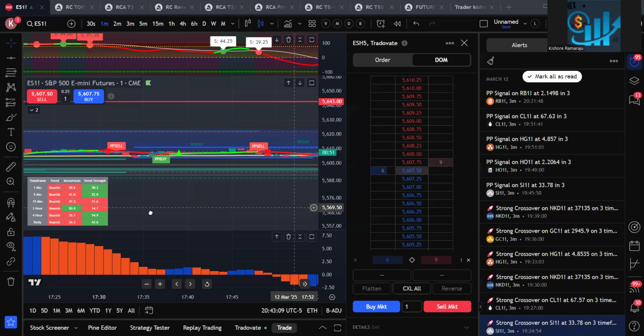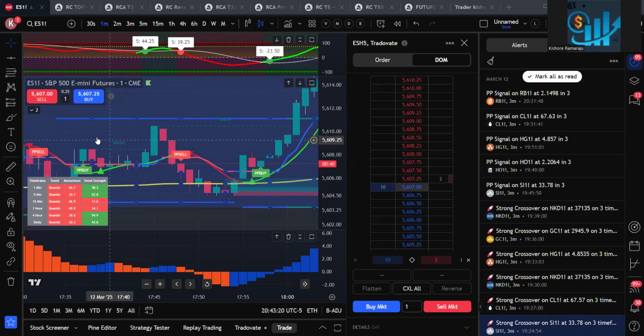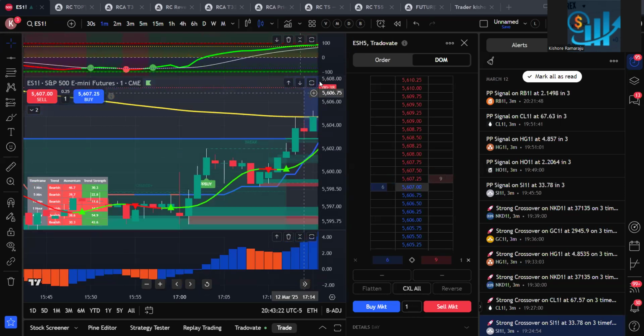So for example, here you see you got a buy, it will come back. Again, it went up. So yeah, in the evening time, it will be a little choppy. You may not see exactly.